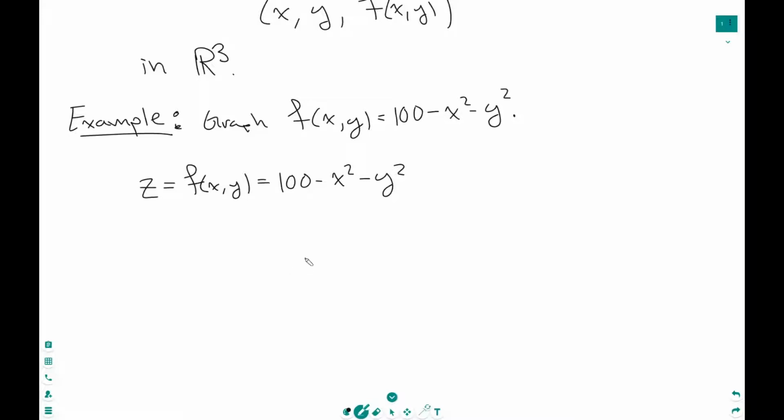Well, I can rewrite this as negative z is equal to x squared plus y squared minus 100. If we look back to some of our categorizations from chapter 10 of these kinds of surfaces, this was an elliptic paraboloid.